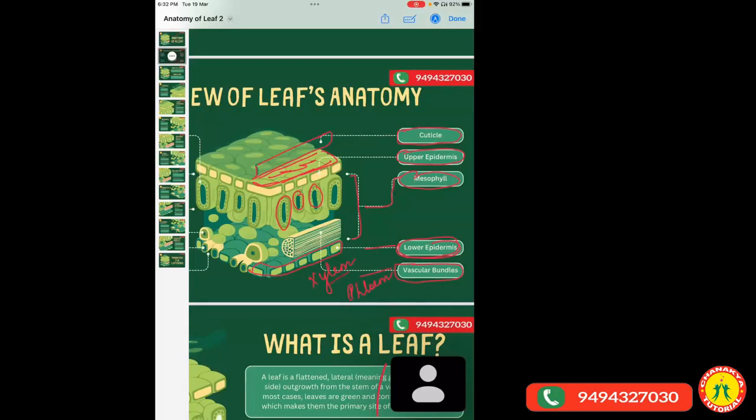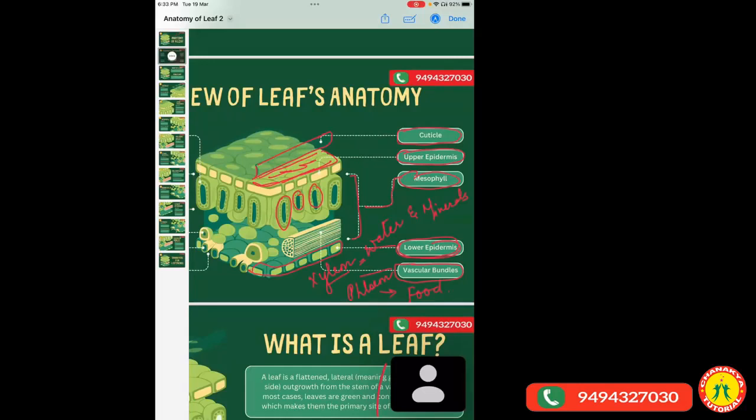So the xylem, what will they be transporting? They will be transporting water and minerals. So water and minerals will be transported through the xylem, and the phloem, what will they be transporting? The food. Fine. So xylem and phloem together, they are called the vascular bundles.